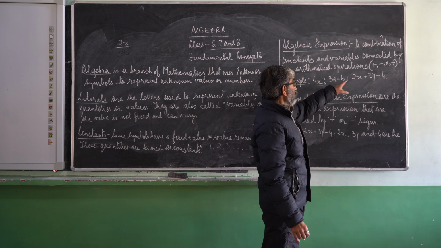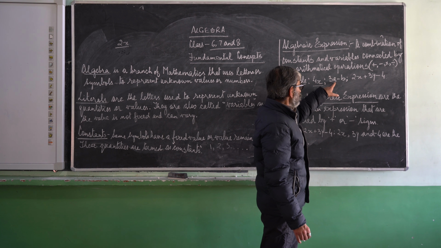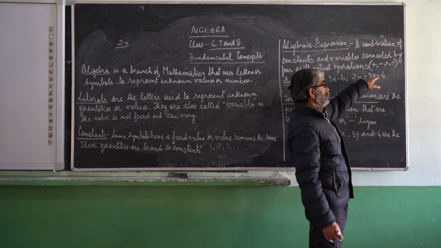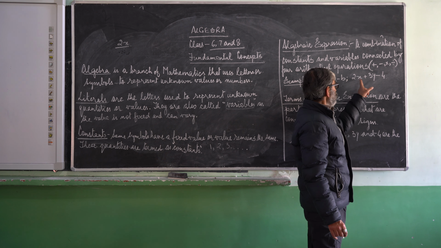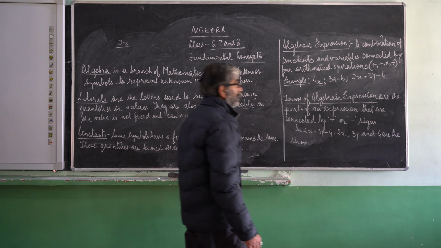Second example is 3a minus b. Both variables are connected by a negative sign. Then 2x plus 3y minus 4. These are also connected by plus and minus signs. Now, what are terms of algebraic expressions?